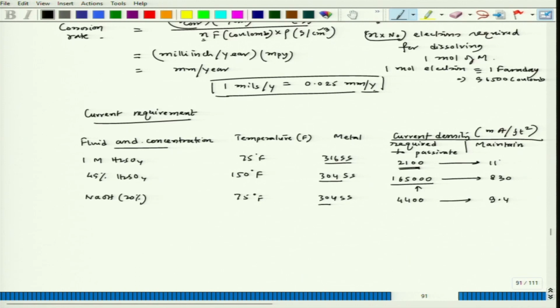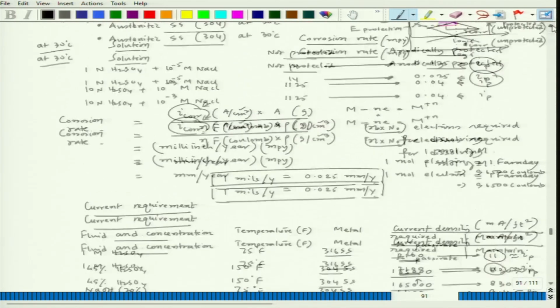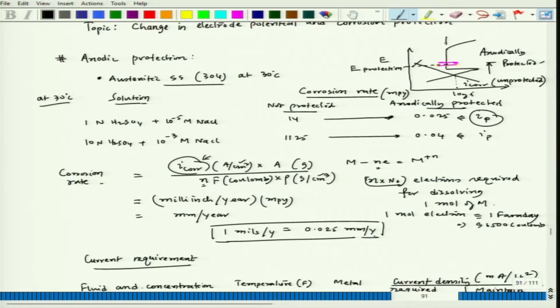And interestingly, this current value is almost equal to I passive, or IP. Now, what is IP in this particular diagram? IP is basically this, and why does it become equal to IP? This difference is basically I applied.